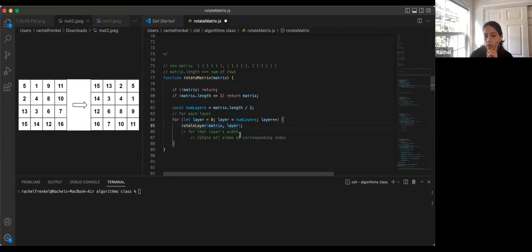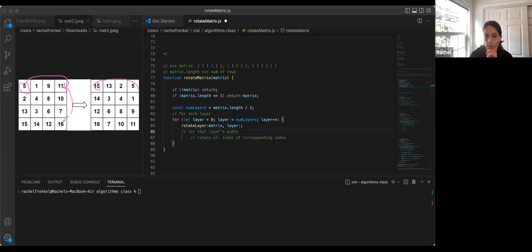And this part is the width of that layer. So for each layer, for the width of that layer, we're going to go through each of these elements and rotate all elements of that index. That's what we were talking about before. We're taking this one, 15, and oh, sorry, it's the other side, isn't it? We're taking the 5 and moving it down here.